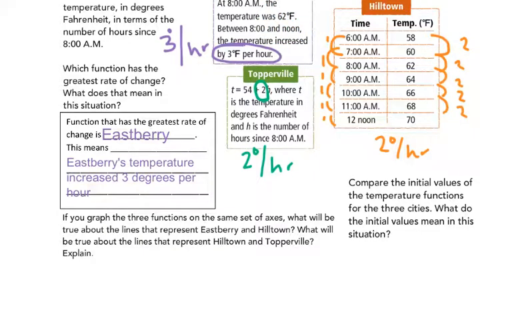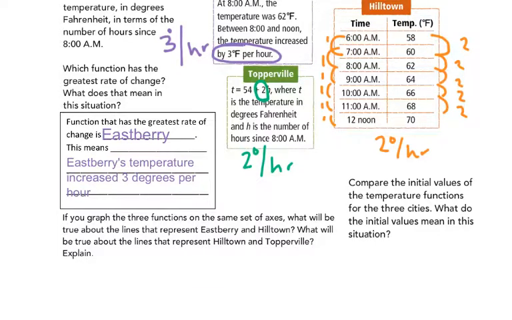That is the initial temperature. If we take a look at Topperville, the initial temperature is the initial value, the b value in the function, so that's 54. And Hilltown has an initial temperature of 58 degrees at 6 o'clock.